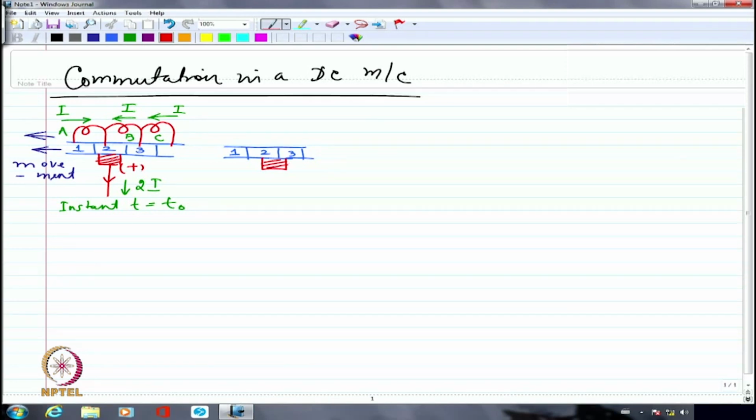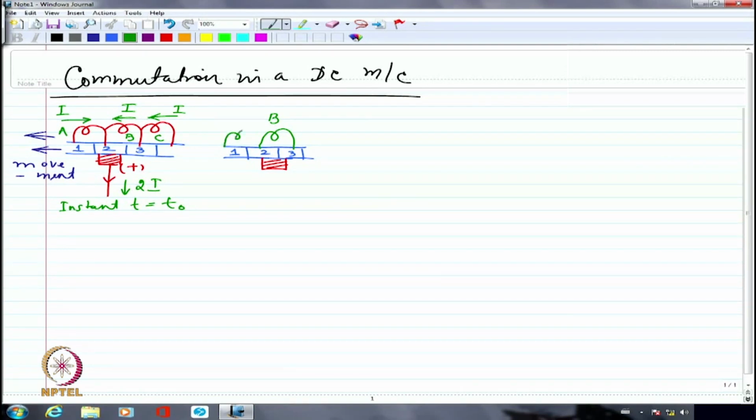Both of them are getting in contact, because of which, if coil B is connected somewhere here, this is what we have shown as coil B, coil B is being short circuited by the brush. The brush is going to short circuit coil B because coil B is in touch with both segments 2 and 3, and both of them are short circuited together with the help of a brush. Now I have of course A here, B here, and C here.